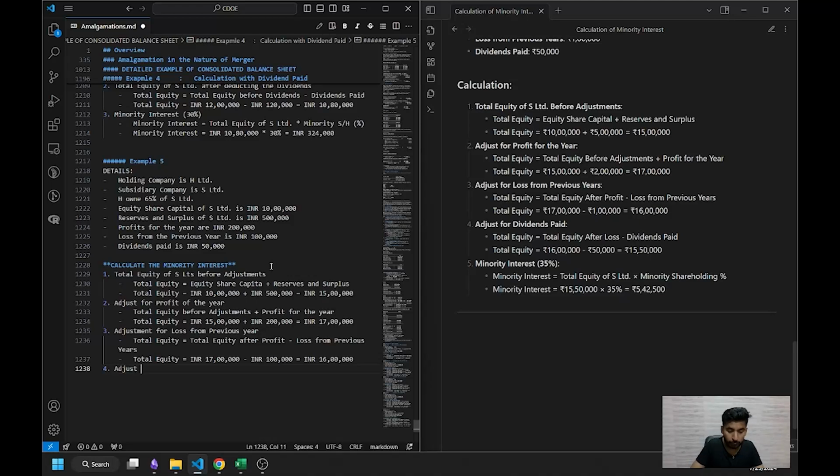Adjust for the dividend paid. If you have paid any dividend, then you should subtract this. That is, the total equity equals the total equity after loss minus any dividend paid.